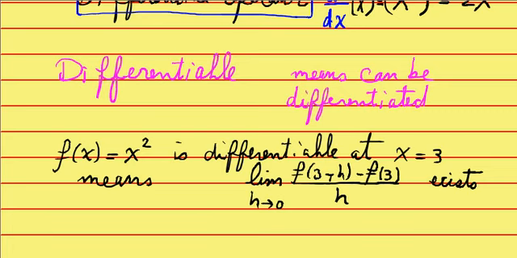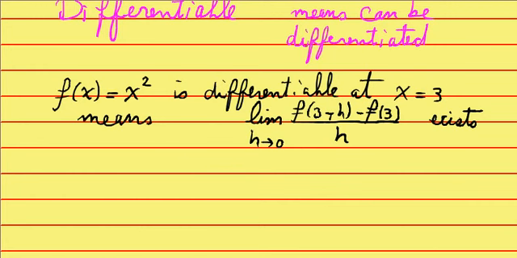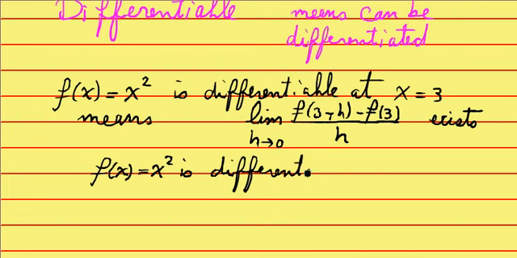Okay, for this to make sense, we have to talk about things that are not differentiable. That is going to make it clear. But before we go there, let me just explain one more item. f of x can be differentiated at 3, means this exists. Also can be differentiated at 3.1, 3.5, 4, any of those numbers. So we can say f of x equals x squared is differentiable on.